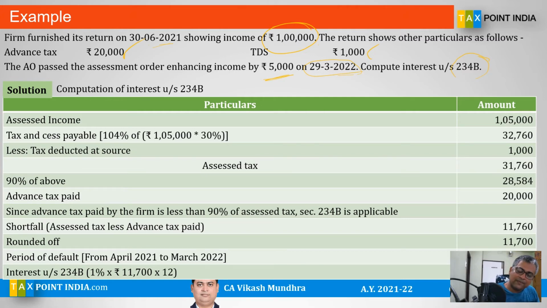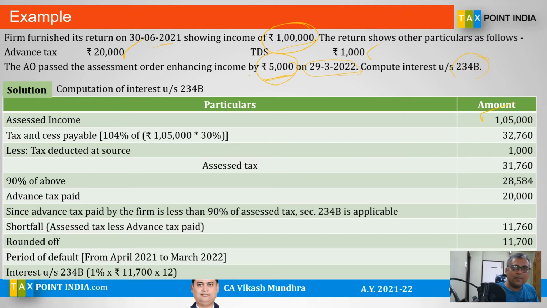In case of 234C, your returned income shall be considered, and in case of 234A and 234B, your assessed income shall be considered. In our case, your assessed income is 1,05,000. 1 lakh was enhanced by the assessing officer while passing the assessment order by 5,000 rupees. Altogether, it comes to 1,05,000.